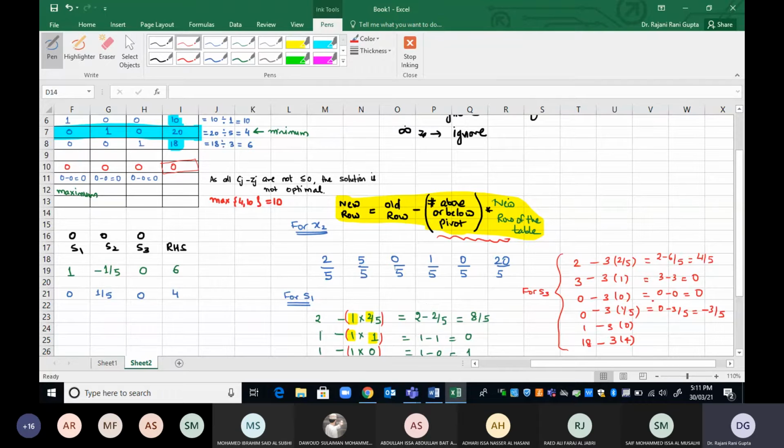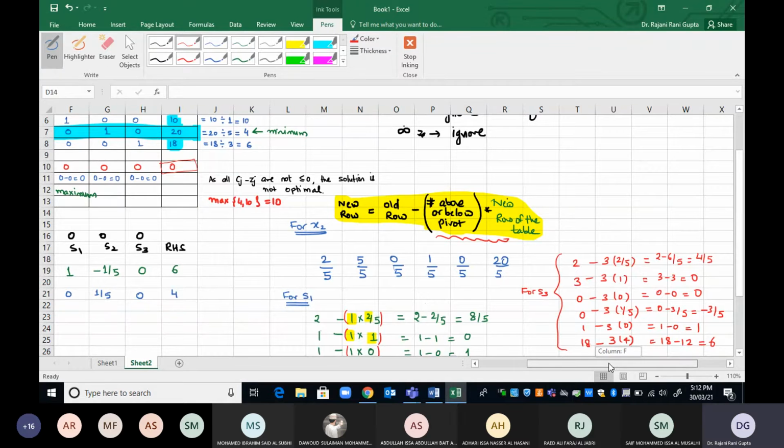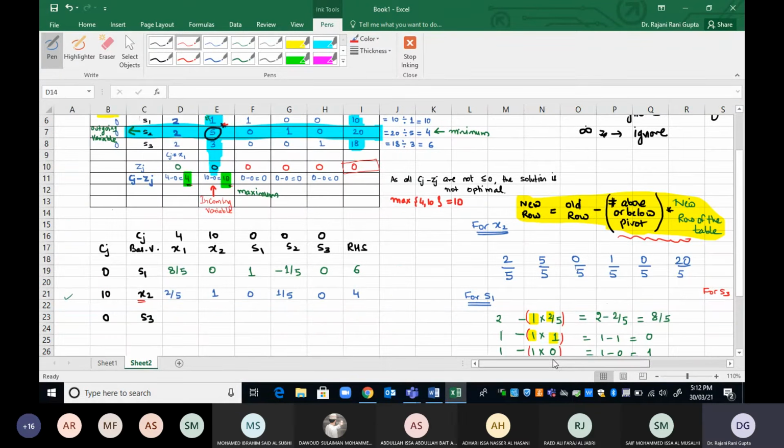So you will get 4 by 5, 0, 0, minus 3 by 5, 1 and 6 as the new row. Let me write here: 4 by 5, 0, 0, minus 3 over 5, 1 and 6.